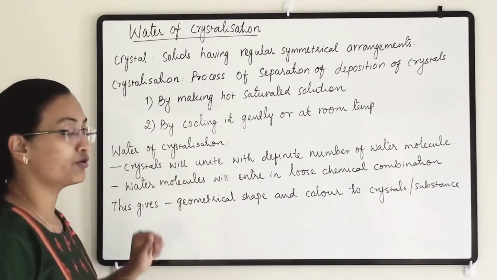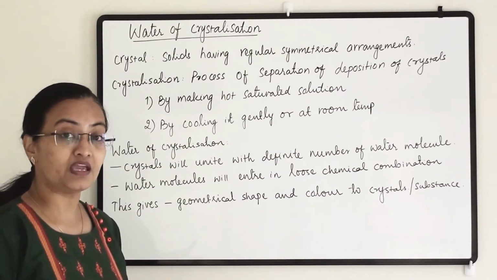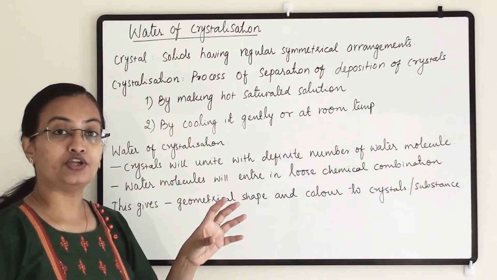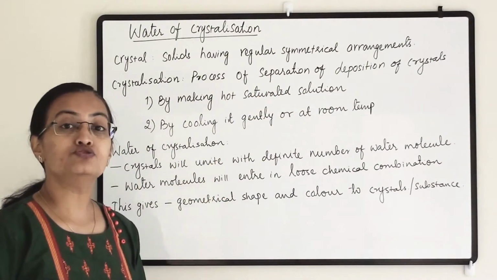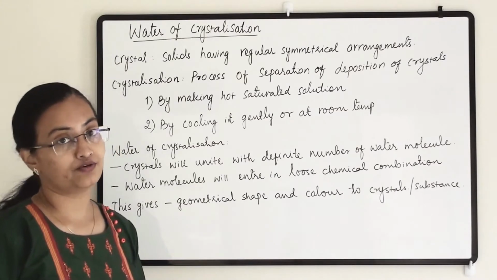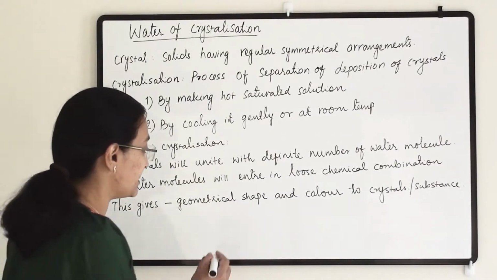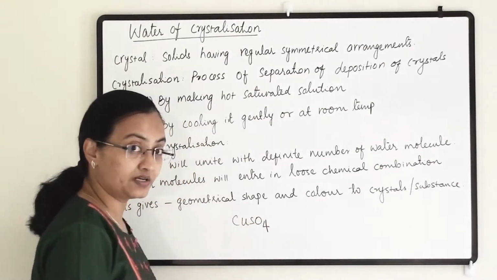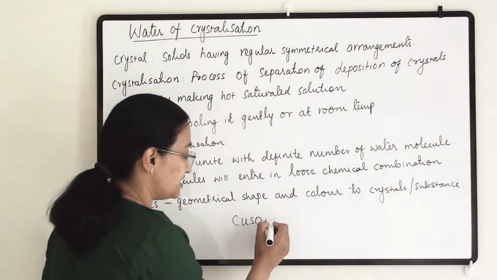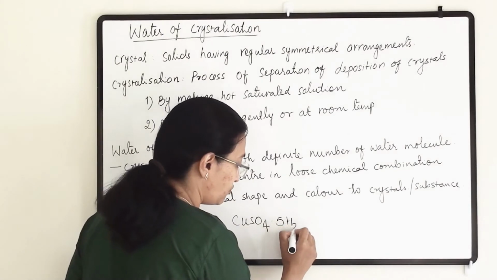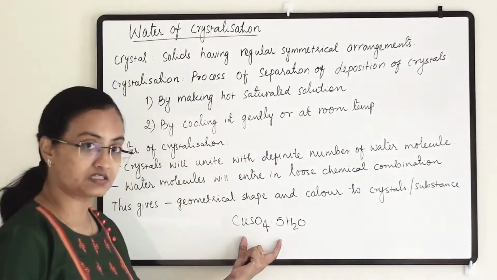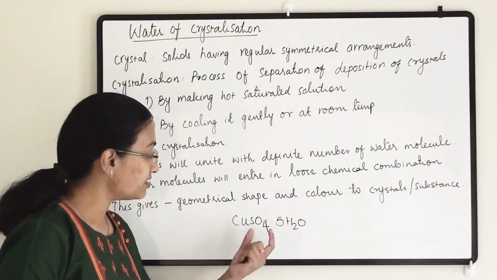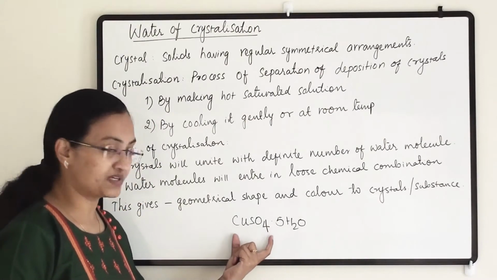Then what is water of crystallization? When we are making crystals, some water molecules enter into a loose chemical combination with the substance. Let us take one example, CuSO4, copper sulfate. When we write 5H2O along with it, that means these are crystals, and these 5 molecules of water are loosely combined with copper sulfate.